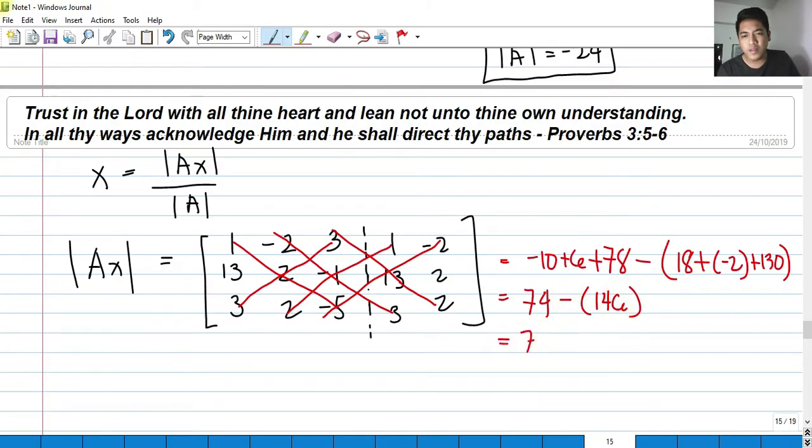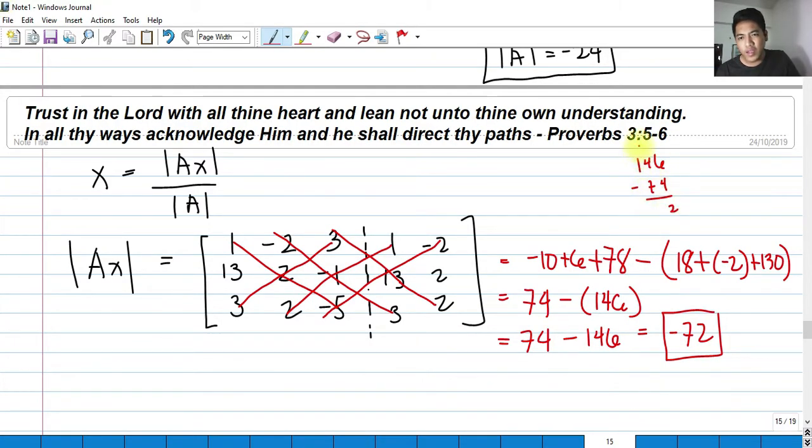So 74 minus 146 is negative 72, if I'm not mistaken. Let's say 146 minus 74, we have 2 and borrow 1, we have 72.